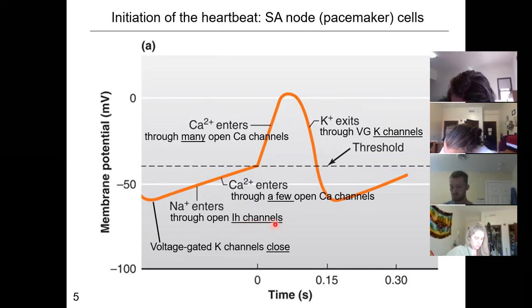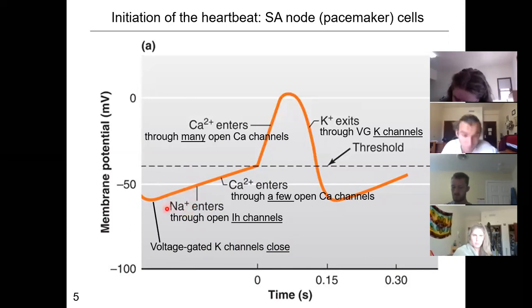So these are channels that are opened by hyperpolarization, and they are sodium permeable. So sodium entering and less potassium leaving causes the membrane potential to creep up, to depolarize.